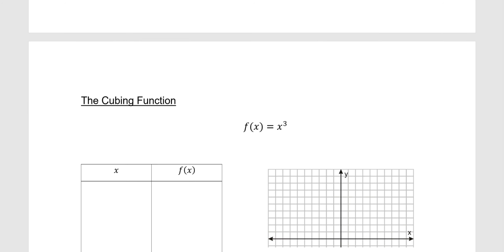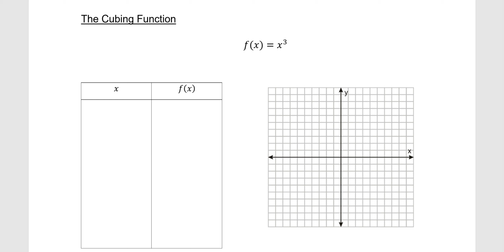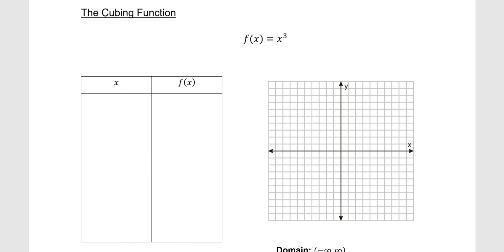Okay, and we'll do one more here, and this is the cubing function. The cubing function is f of x equals x cubed, and I'll use those same values that I've been using: negative 2, negative 1, 0, 1, and 2. So plugging in a negative 2, f of negative 2 is negative 2 cubed.